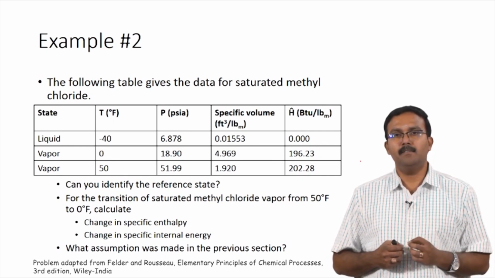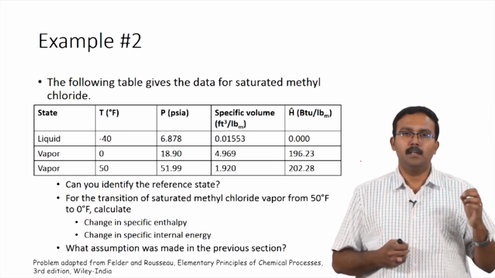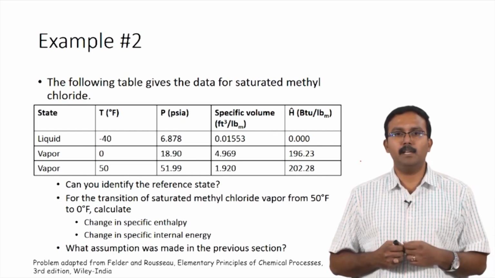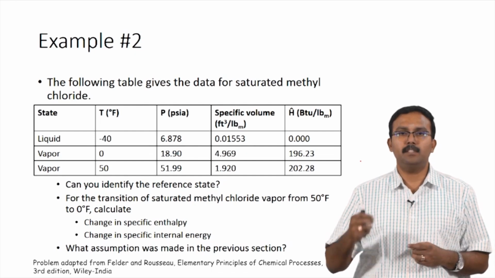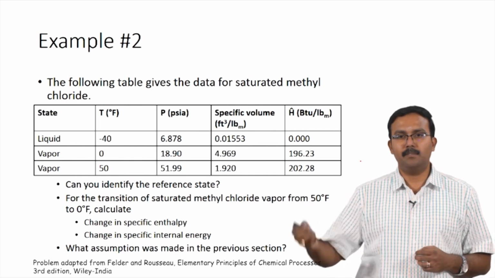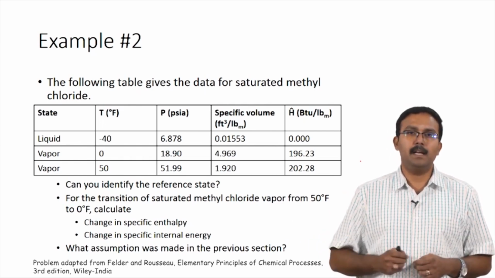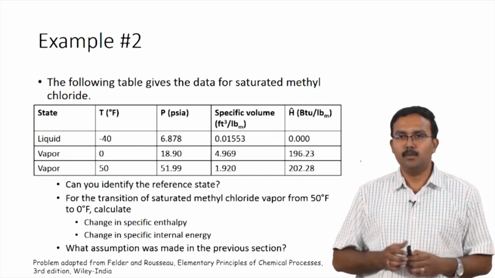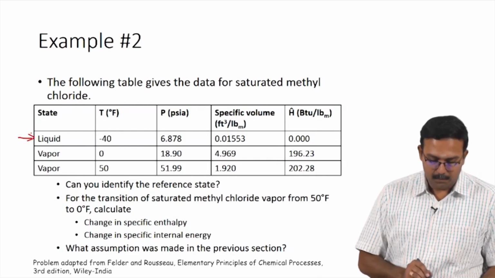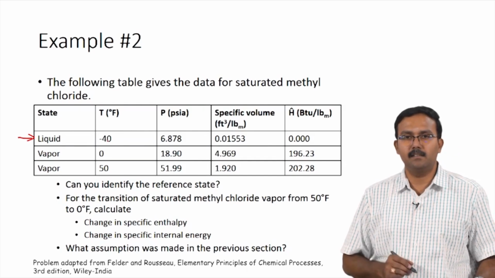The specific enthalpy of methyl chloride as liquid at minus 40 degrees Fahrenheit and 6.878 psi relative to a reference point is 0, which means these two would have to be equal, implying this is the reference state.